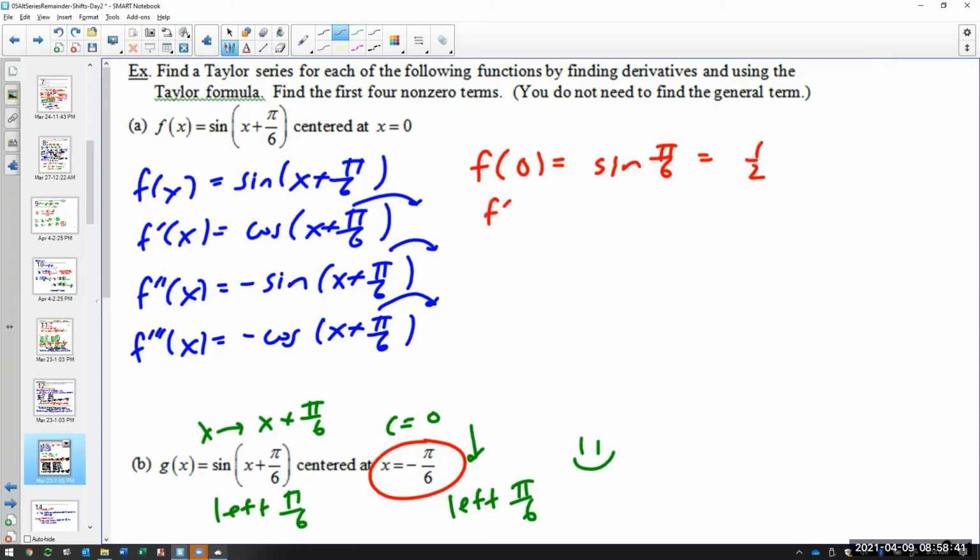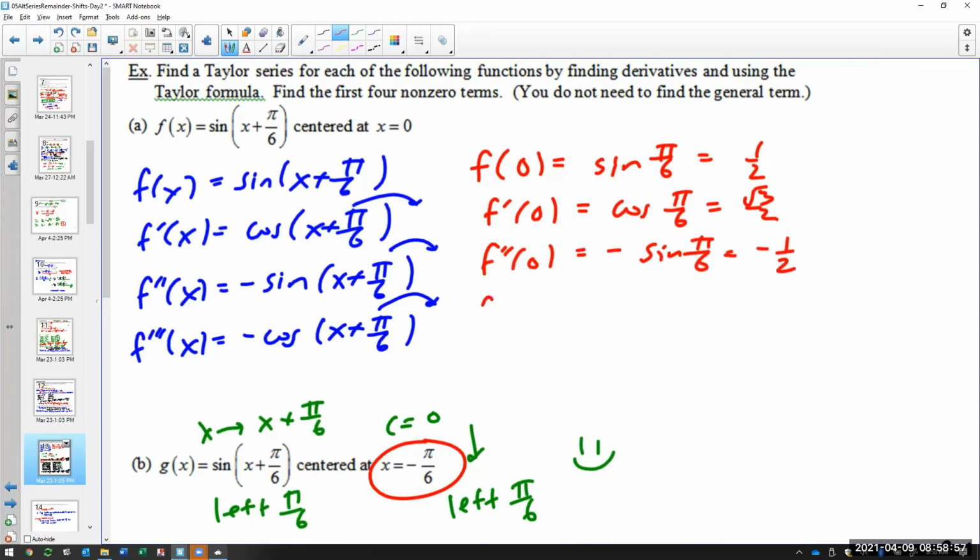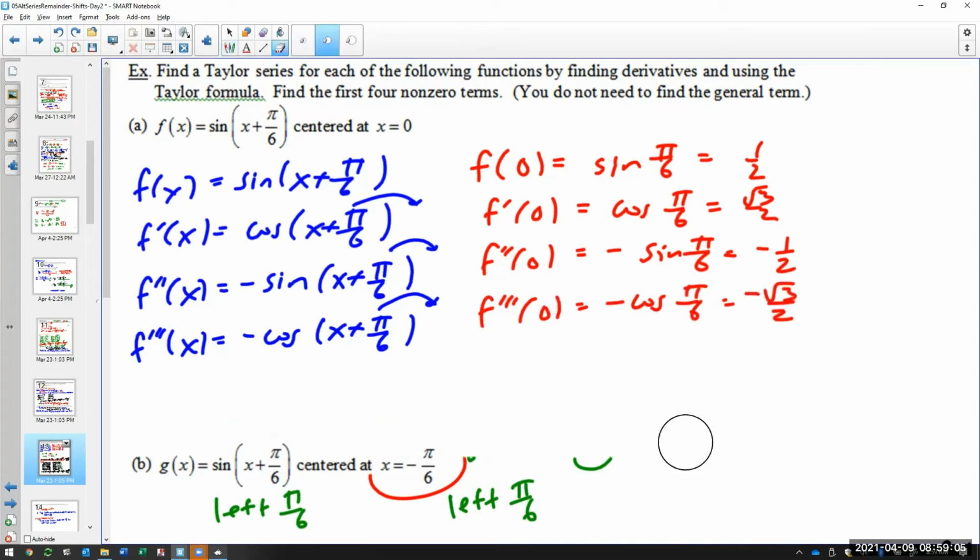And then plug in 0 here. So that's going to be cosine of pi over 6, which I think is square root of 3 over 2. Then the second derivative is negative sine of pi over 6, which is negative 1/2. And then the third derivative is negative cosine of pi over 6, which will be negative square root of 3 over 2. Then what you do is you plug into the Taylor series.